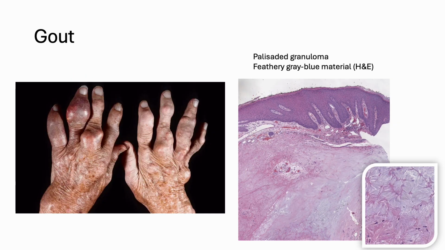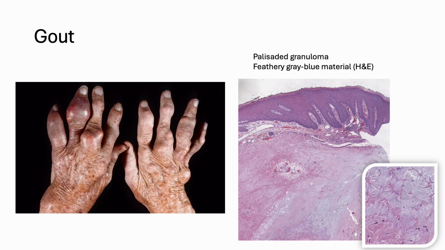GA. Next, the picture is showing the gout. Even though I'm showing the deformity in the hands, the dermatologist will not biopsy those swollen joints because they know they are gout. The usual scenario is the gout patient has a nodule on the ear or head and neck area, and the dermatologist could not tell if this is a basal cell carcinoma or squamous cell carcinoma, and they biopsy this area and send to us.